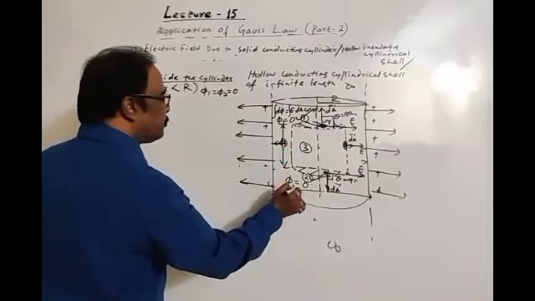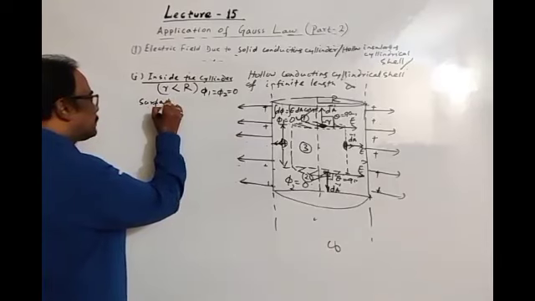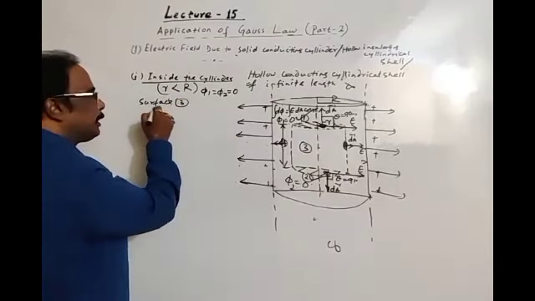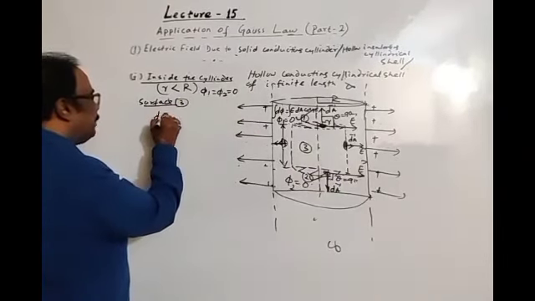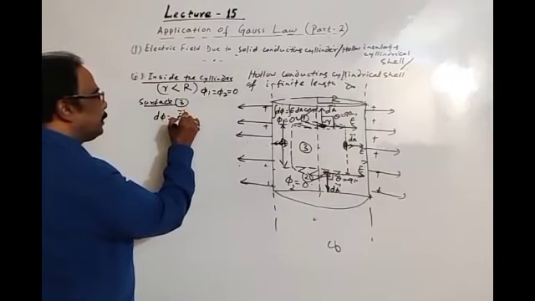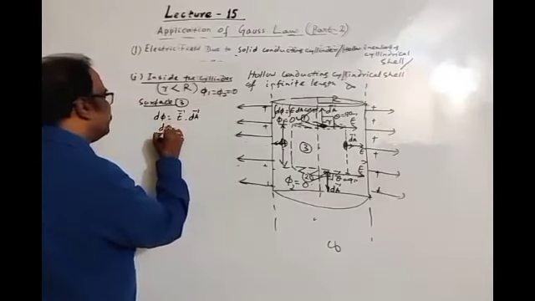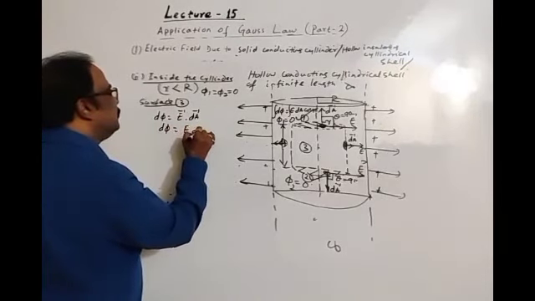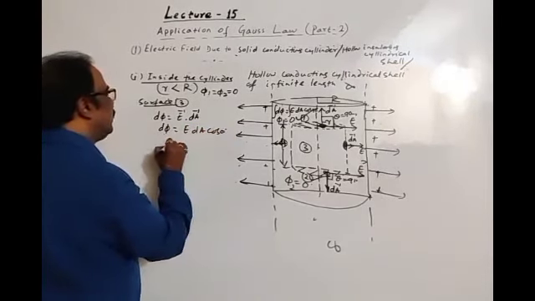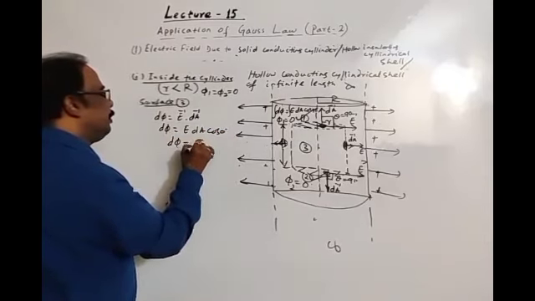This is φ1, this is φ2. So for surface 3, dφ is equal to E vector dot elemental area vector. Since both are in the same direction, dφ is equal to E dA cos 0 degrees. So dφ is E dA.